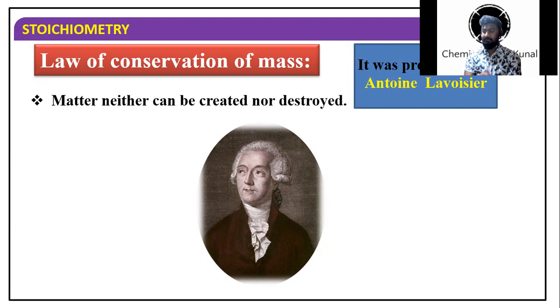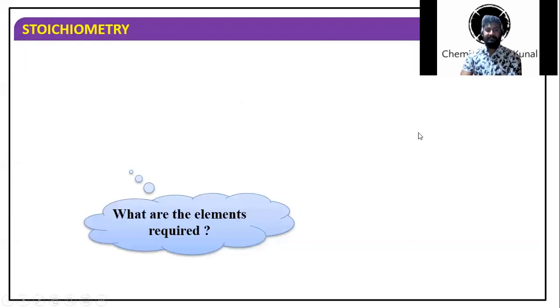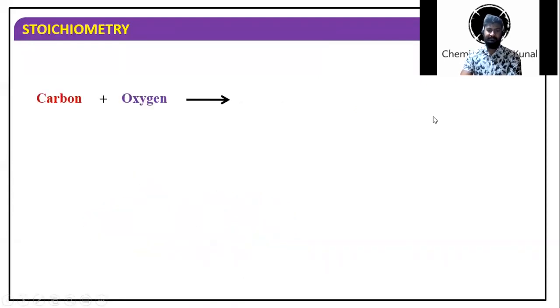For example, this charging thing I have, I cannot destroy this, I can just transform it into something else. I can make it into a rod, but I cannot destroy or create matter. Like when we take carbon and oxygen, we are not destroying them, but transforming them into CO2.